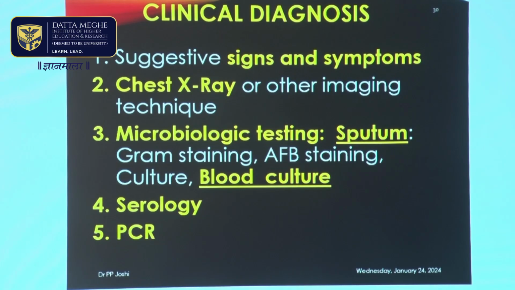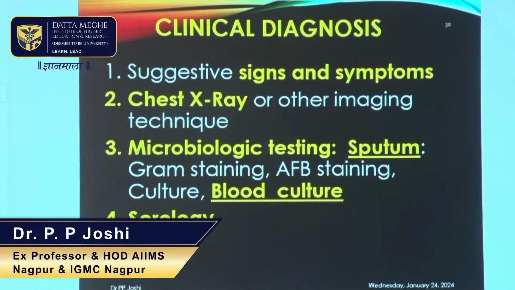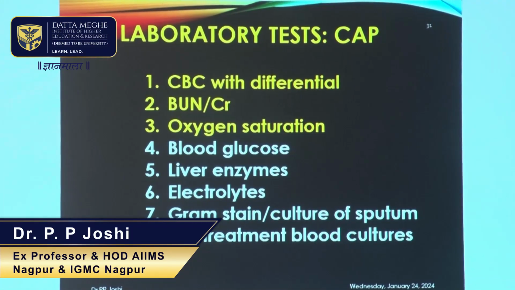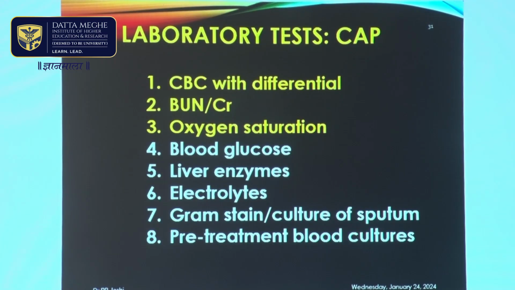For atypical organisms, serology is very useful, and PCR, of course, is the most accurate method by which we can diagnose pneumonia. PCR is usually used in viral pneumonias, as in COVID we have the experience. The lab tests in community acquired pneumonia include CBC, which shows marked neutrophilic leukocytosis: the total count is increased and the polymorphs are increased.